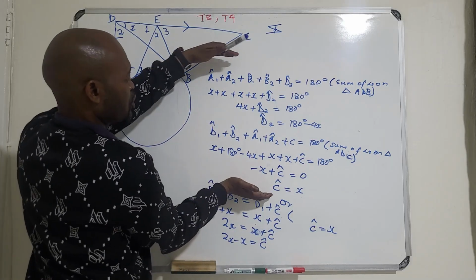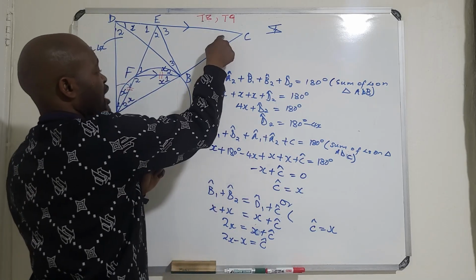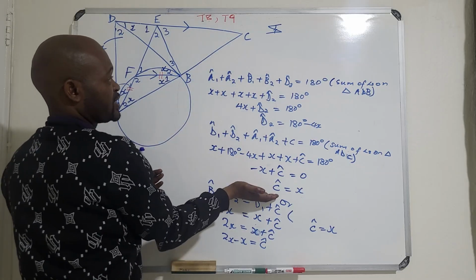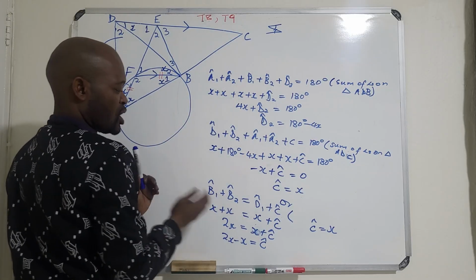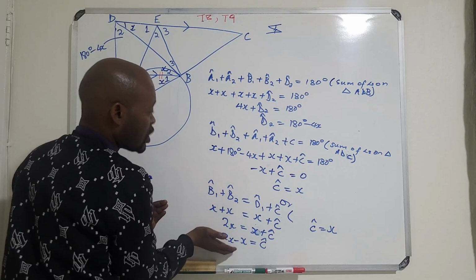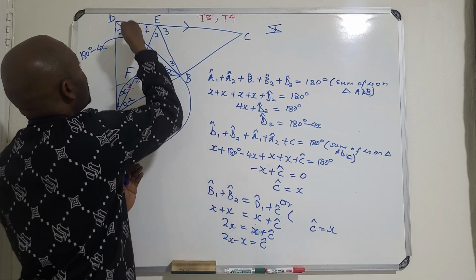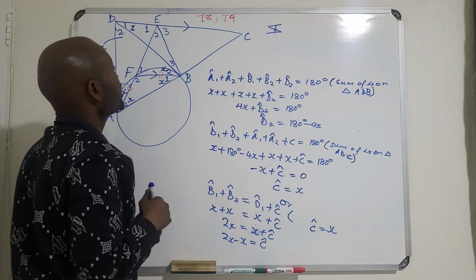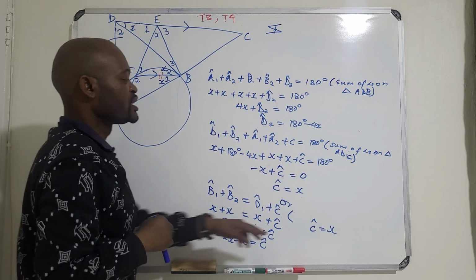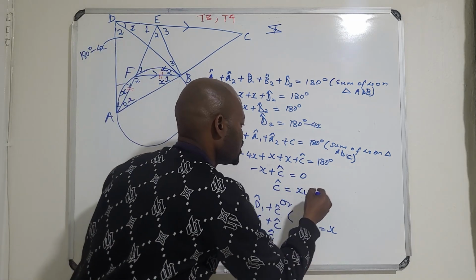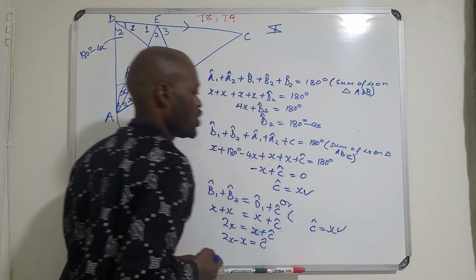I took a long try to get this angle to be x with the first method, or I can use the exterior angle of a triangle is equal to the sum. We still get the same answer, C is equal to x.